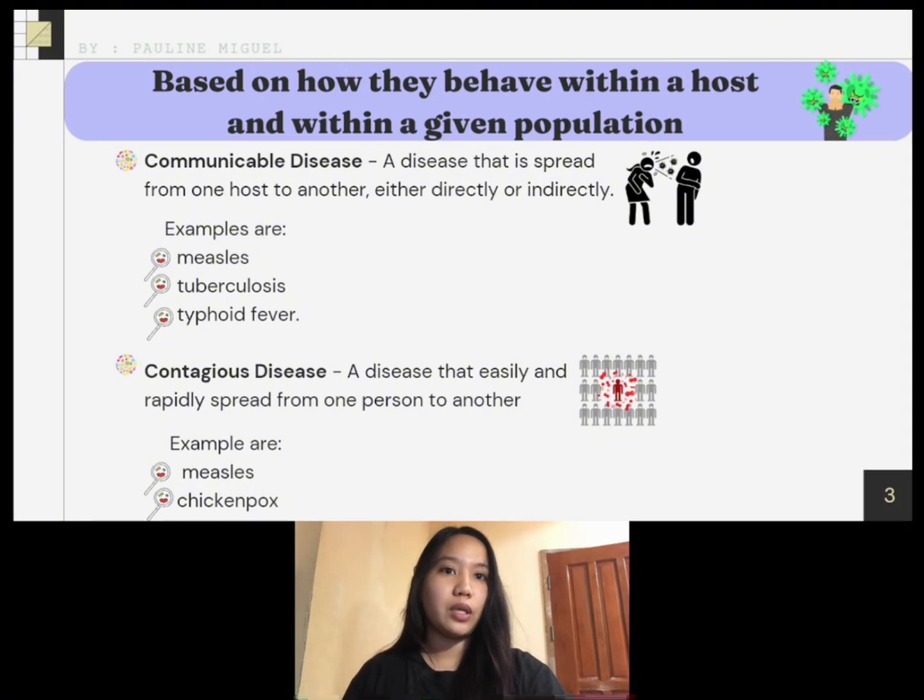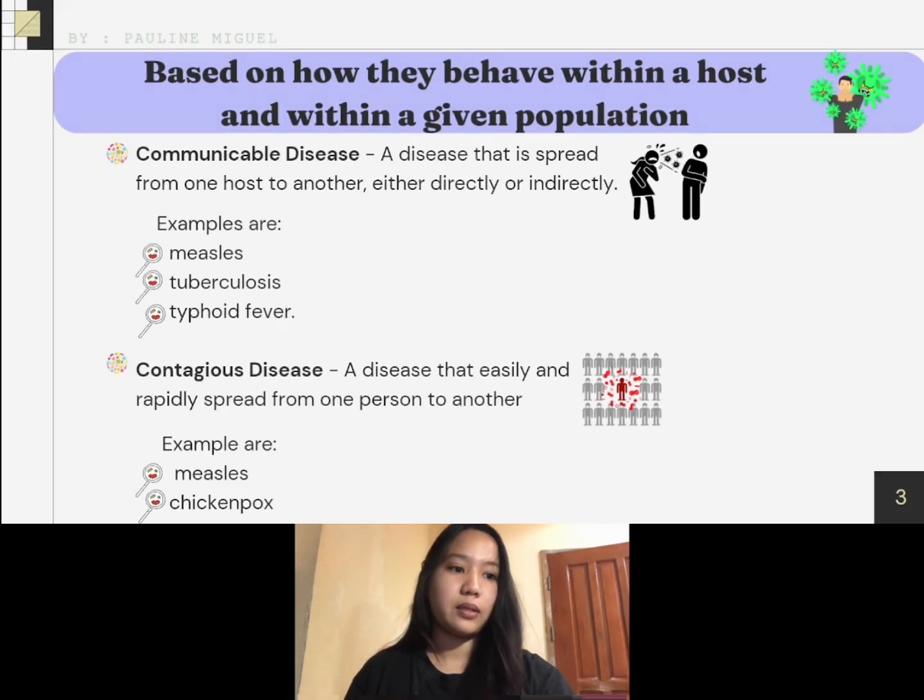Next is the contagious disease, a disease that easily and rapidly spreads from one person to another. Ito naman yung mga disease na kung saan mabilisan siyang nag-i-spread from one person to another person or more. Examples are the measles and the chickenpox.